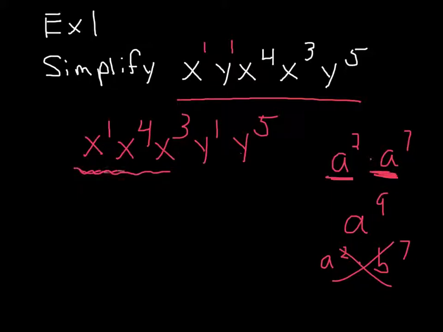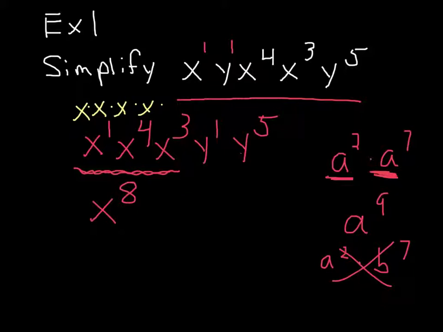Over here I have the same base of x. So this is simply x to what? Well, I add the exponents: 1 plus 4 plus 3, and I have x to the 8th. That should make sense, because if I wrote this all out, x, one of them, times 4 more of them, 1, 2, 3, 4, and then 3 more of them, you get the idea.